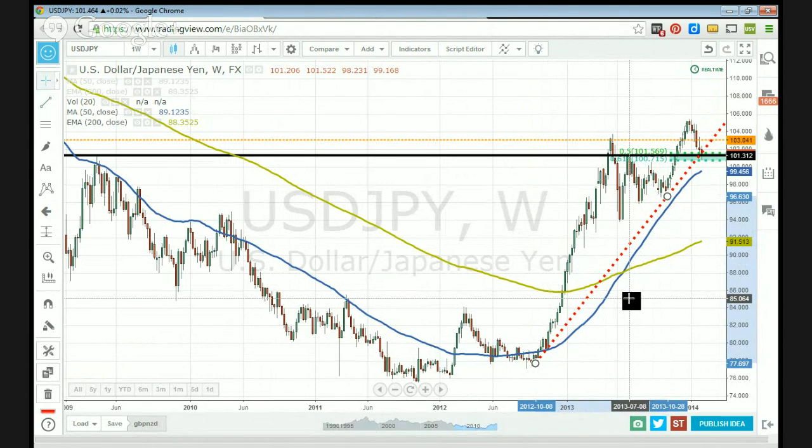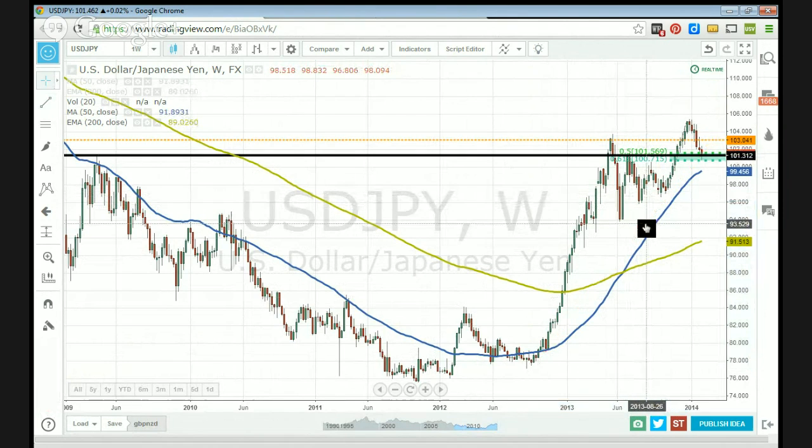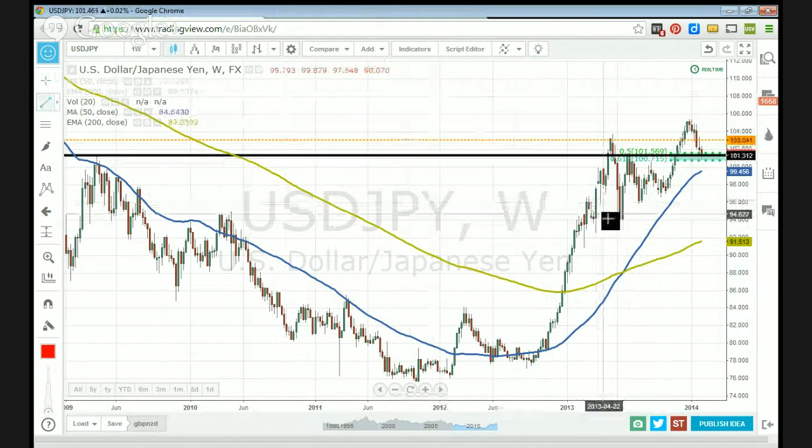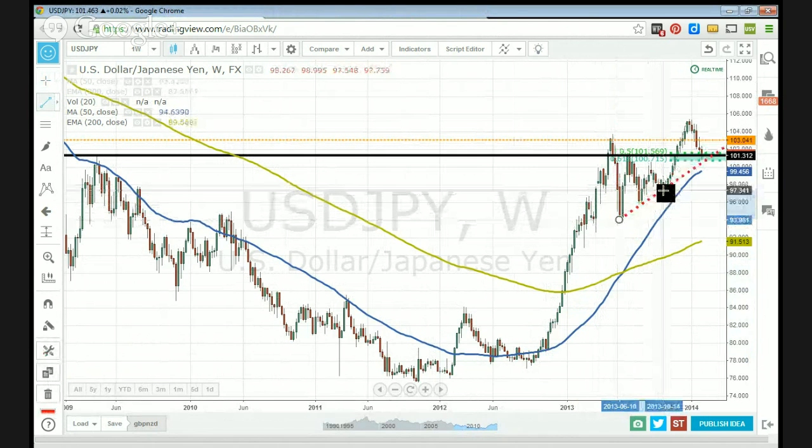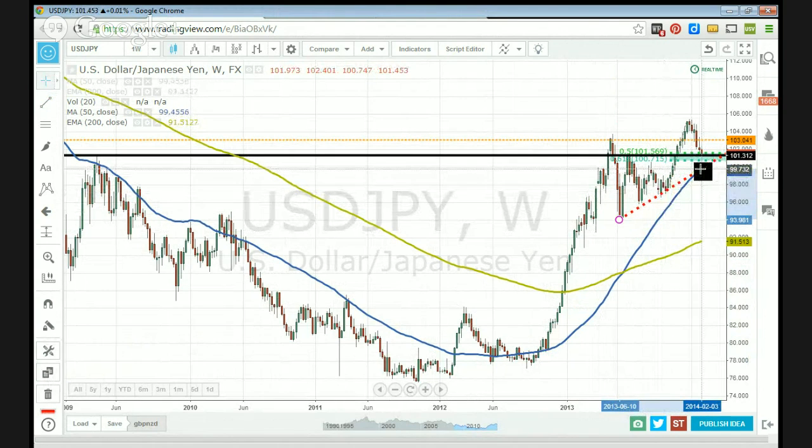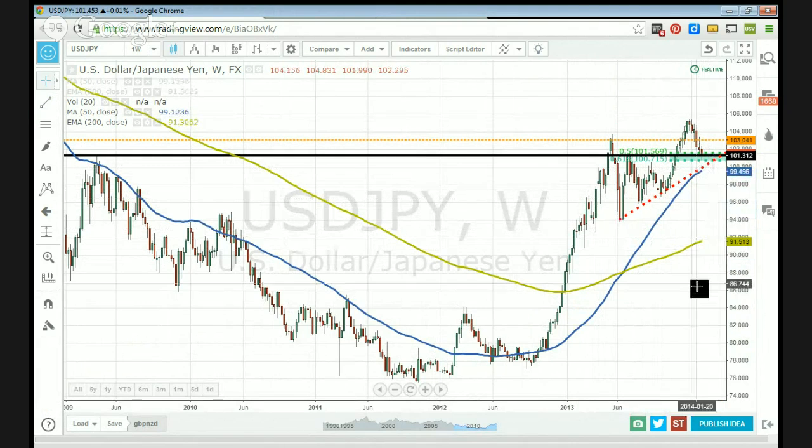That's not really a convincing trend line in my opinion. Let me delete that. We can draw a trend line from here. How about... Okay. That's a better trend line. Still have some room to go potentially on that.